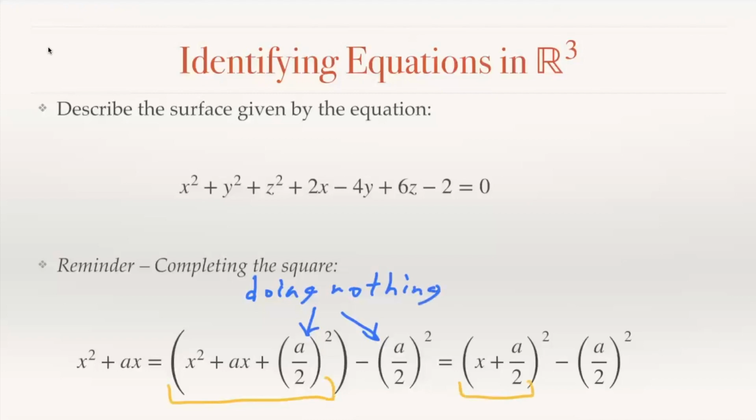Okay, but this first component here is this. And you can see that by FOILing this out, we have x squared plus 2a over 2x, which is just ax, plus a over 2 squared is that guy. And then this guy is still hanging out on the outside. So that is the process for completing the square.